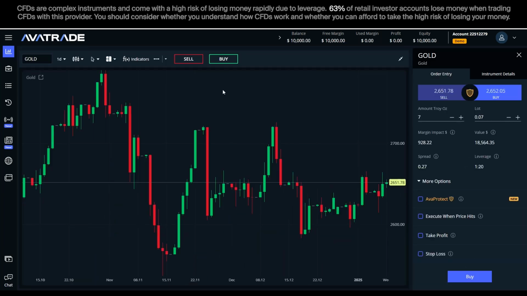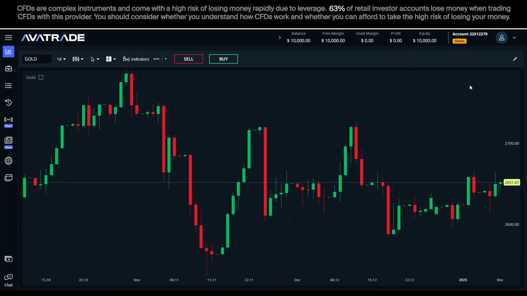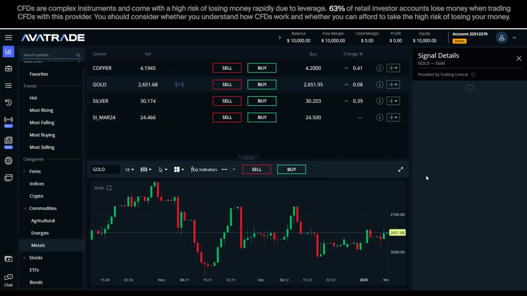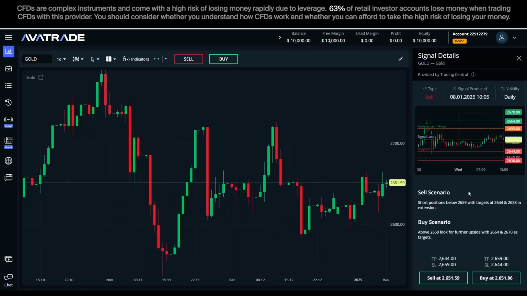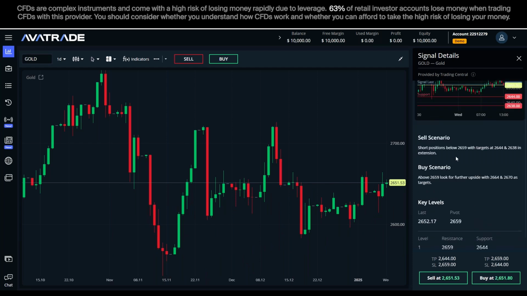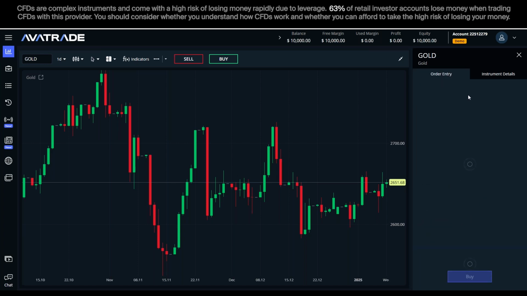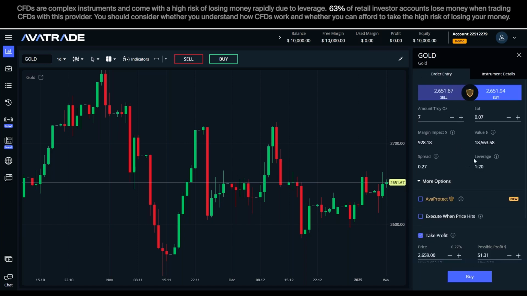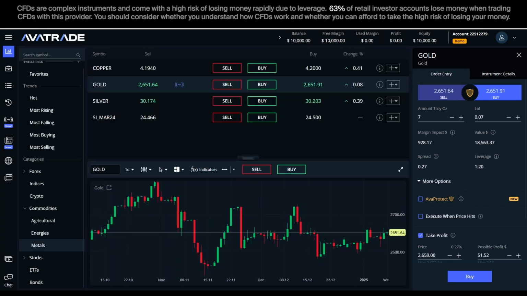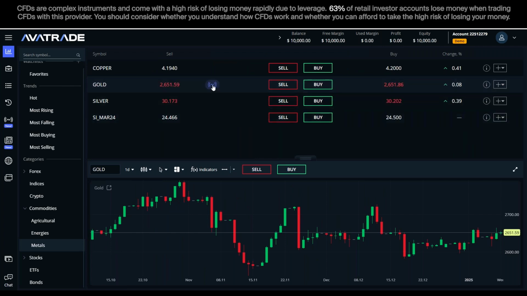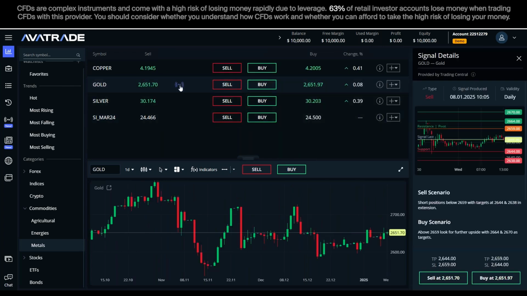I can also match the validity by looking at the chart to compare the levels, and examine what scenario makes more sense, whether it's a sell or a buy. I can also compare the levels of support and resistance, and customize the lot size to what I want. But if I don't want to do any of those things, just 3 clicks and I am good.